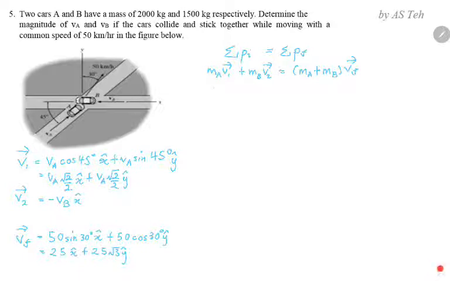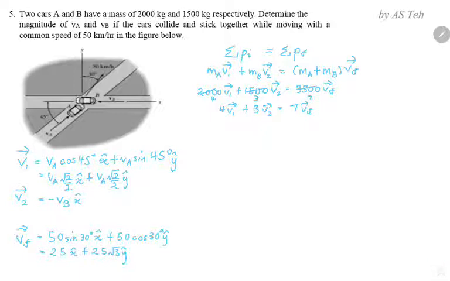So we have 2000 V1 plus 1500 V2 equals 3500 V final. If I divide by 500, this becomes 4, this becomes 3, this becomes 7. So I have 4 V1 plus 3 V2 equals 7 V final.